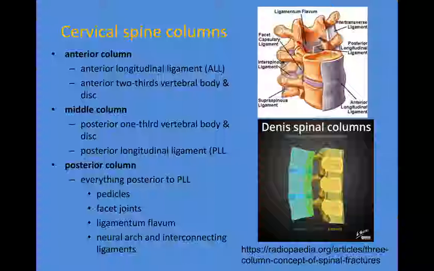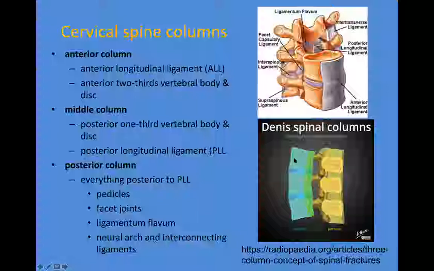And so everything posterior to that posterior longitudinal ligament is the posterior column. And so this guy named Denis came up with these spinal columns, with the concept being that anytime you have involvement of two contiguous columns, that's defined as an unstable injury. Now, I want to call your attention to the fact that it's not exactly intuitive.